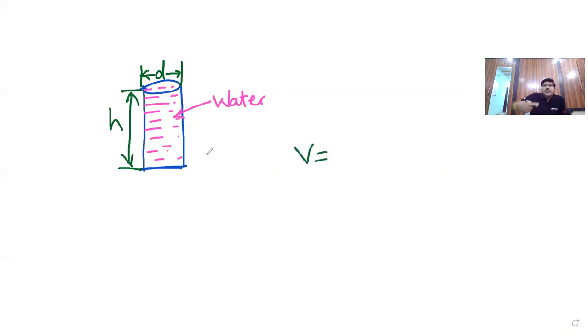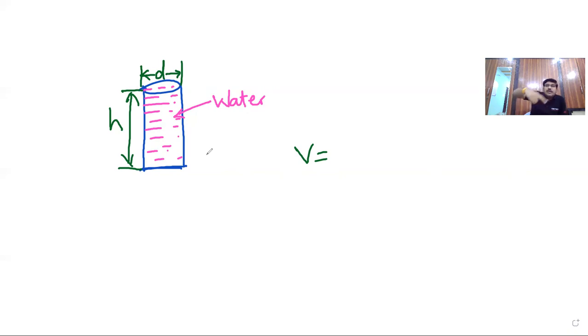Volume is area into height. The area of the circular section is pi by 4 d square in terms of diameter, and in terms of radius, pi r square.